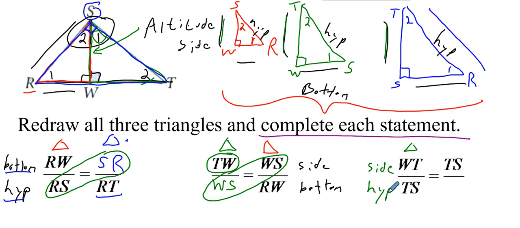To complete this, I search for which of my three triangles has a side length of TS. I can see that over here, in my blue triangle. To line up all my rows and columns, what is my blue triangle's hypotenuse? That is TR. Again, we see our geometric mean there.